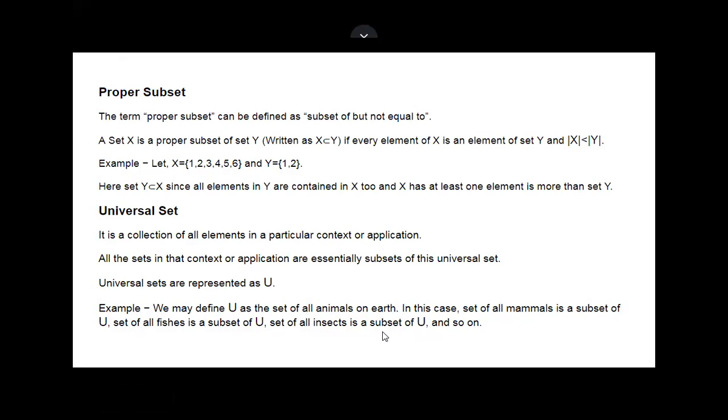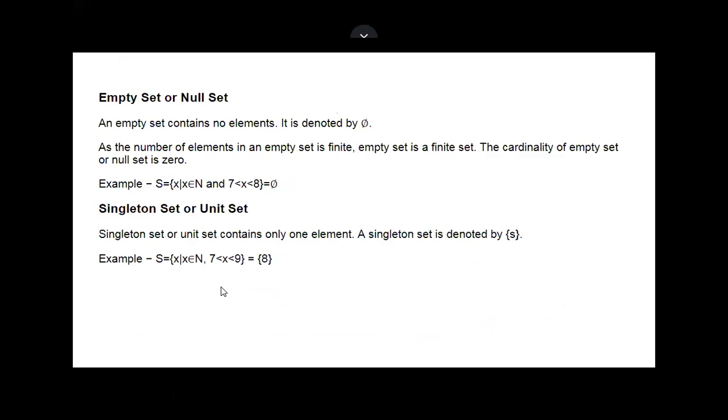If we consider the set of body parts, body organs, then set of sense organs will be subset of that universal set of body parts. Yes or no? Getting the universal set? Yes, ma'am.